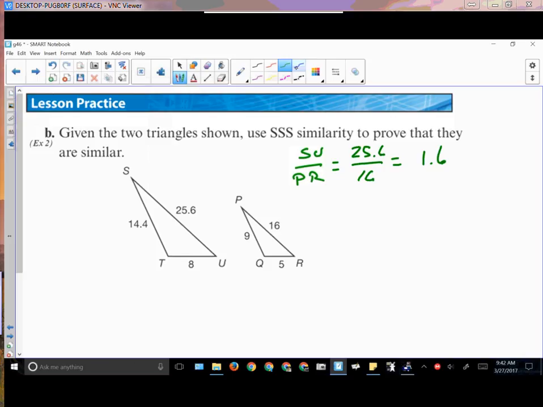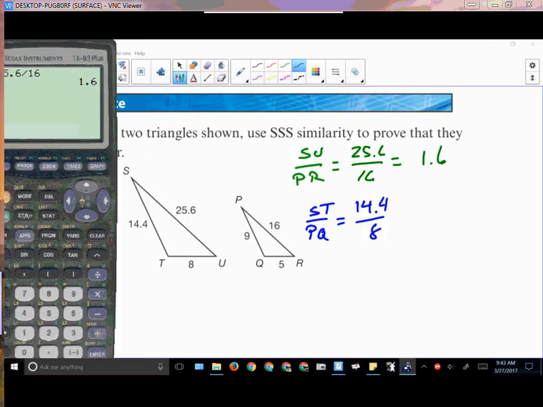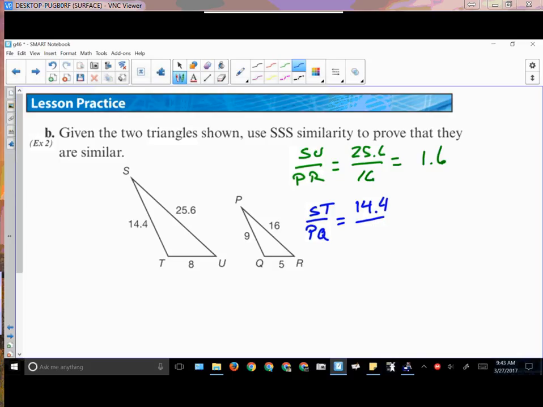So what is another? ST over PQ. So that would be 14.4 over 8. Oh, my bad. Yep, 9.